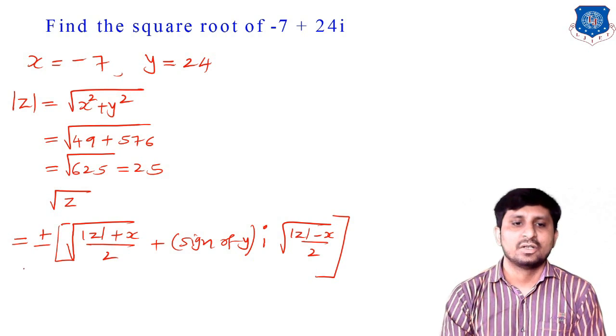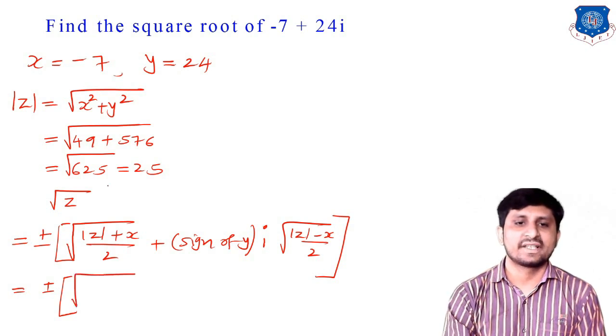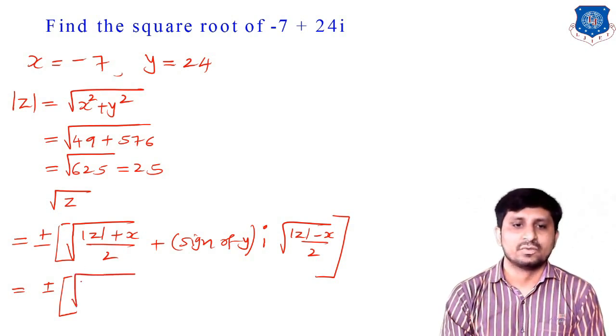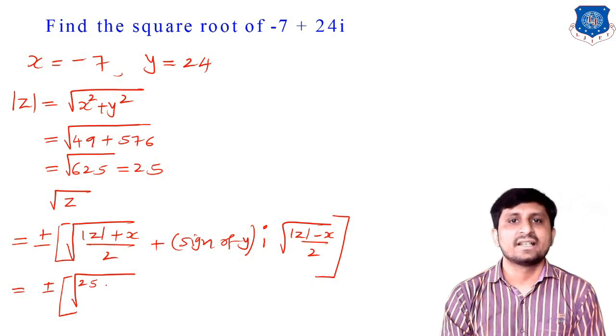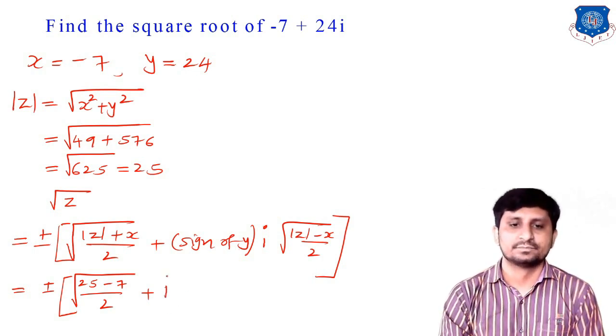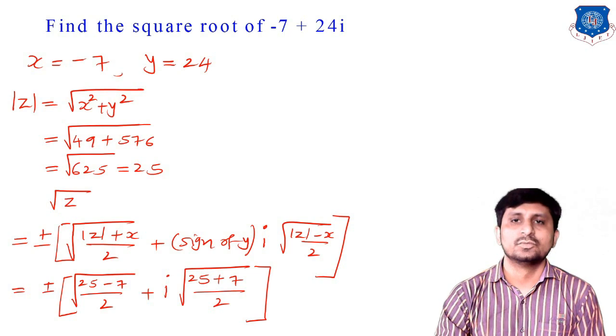Now put in all these values. So plus or minus square root of mod z, what is the value of mod z? Mod z is 25, so 25 minus 7 divided by 2, plus sign of y. Sign of y is positive, so positive i, square root of mod z minus x, that is 25 plus 7 divided by 2. Clear?